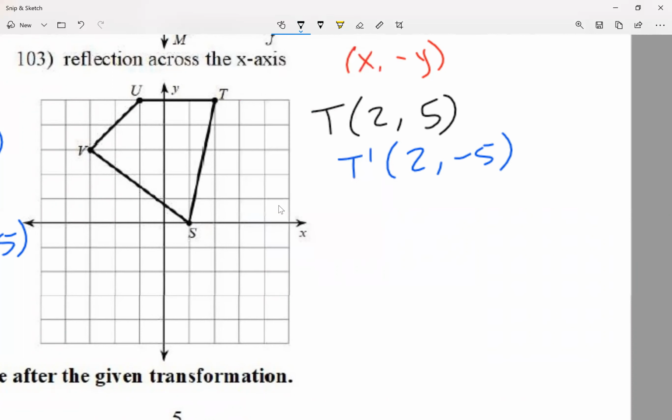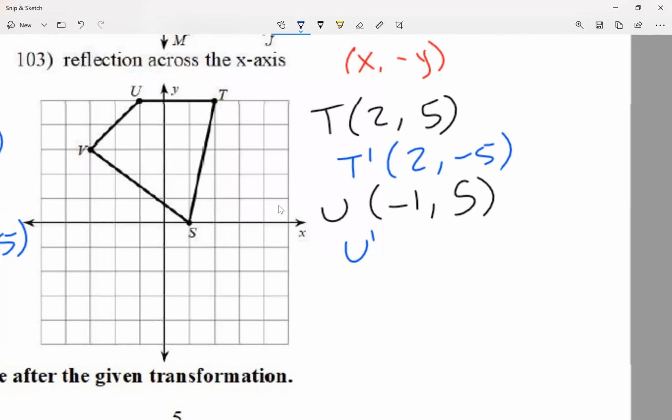What if I ask you to follow U? Coordinates of U are negative 1, 5. So U prime will become negative 1, negative 5. Just change the sign on the y value.